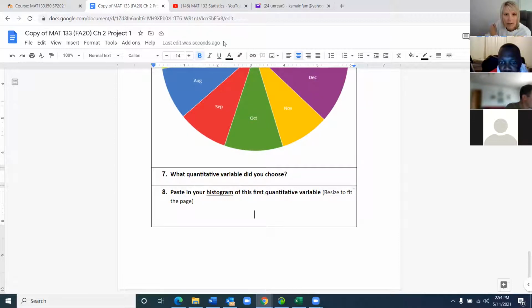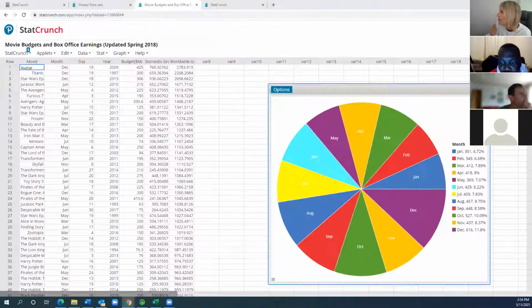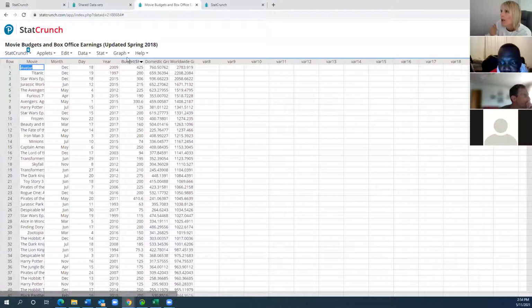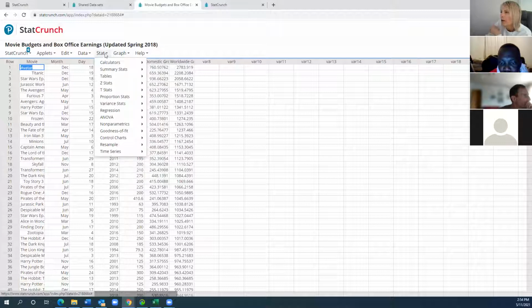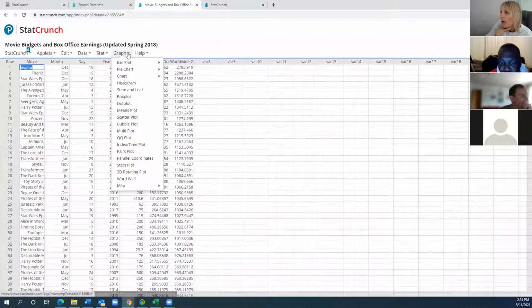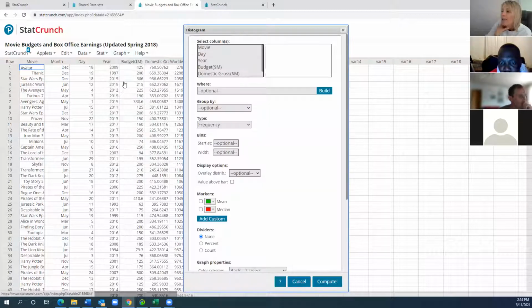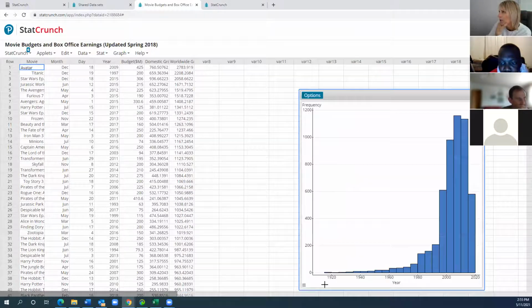And it says paste in your histogram. So I'm going to go back to my Statcrunch. I'm going to get out of my pie chart and go to graph. And I'm going to click on histogram. I chose to do year, and then I'm going to hit compute.